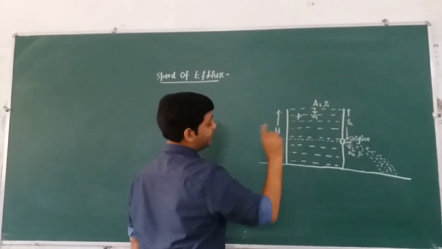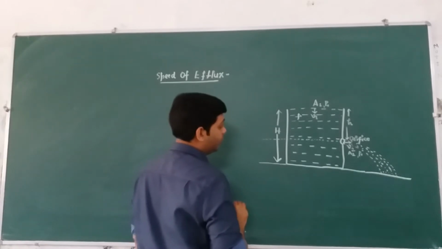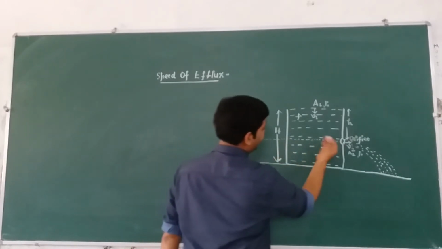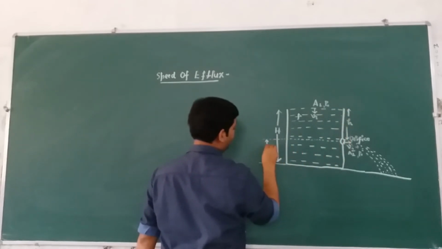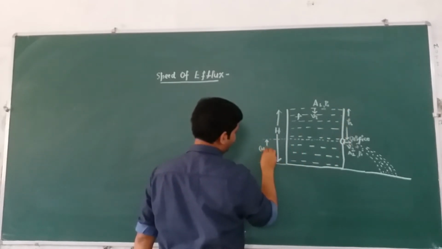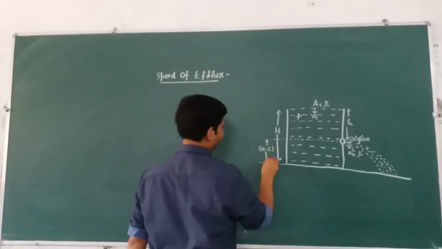So this is the depth or the location of the orifice, and this is our reference line. So this distance is h, and this distance will obviously be capital H minus small h. I hope things are clear till here.